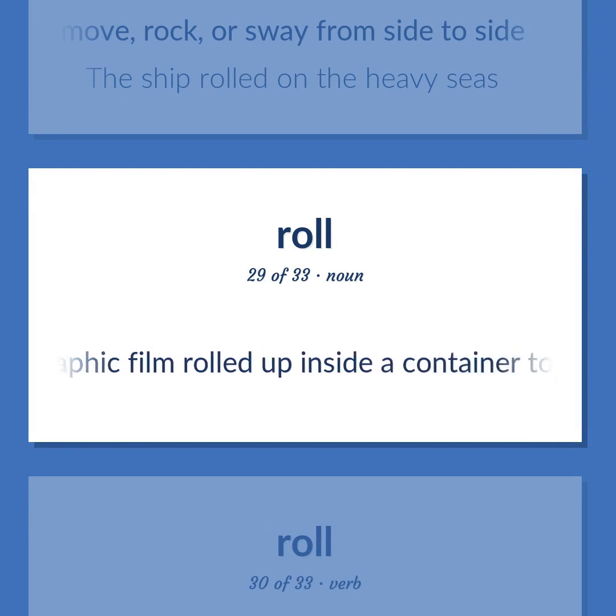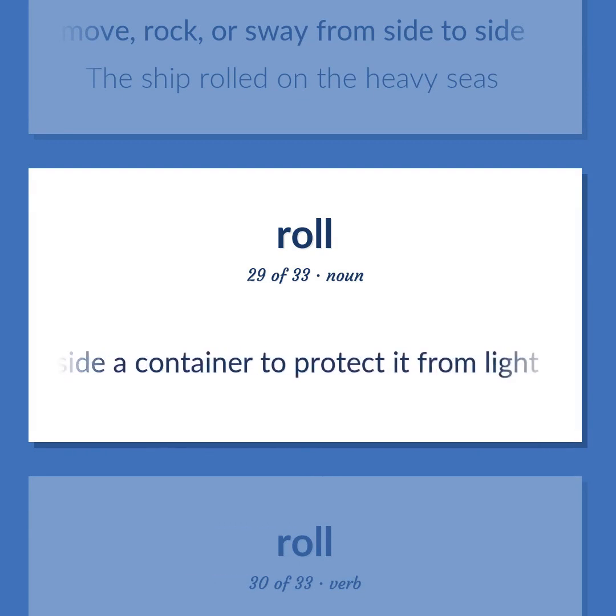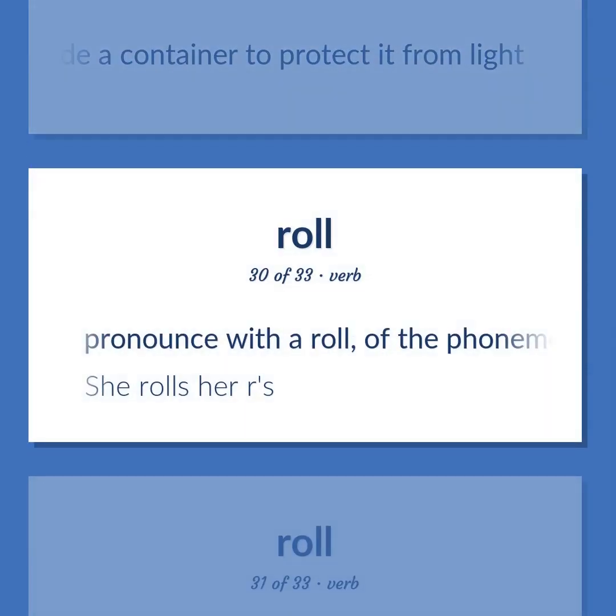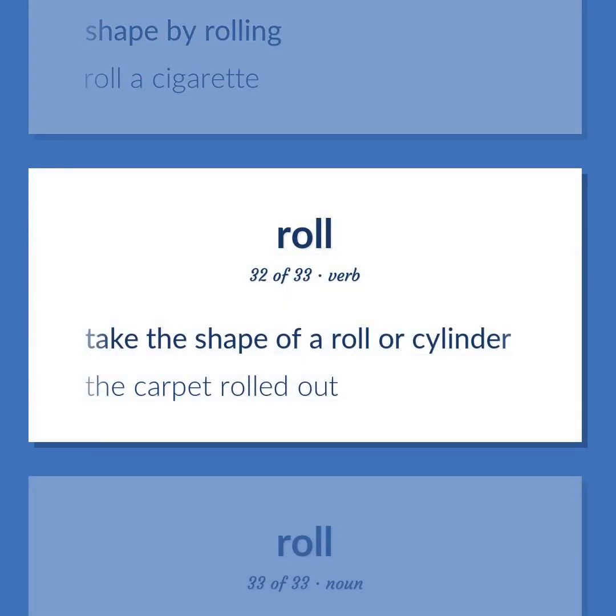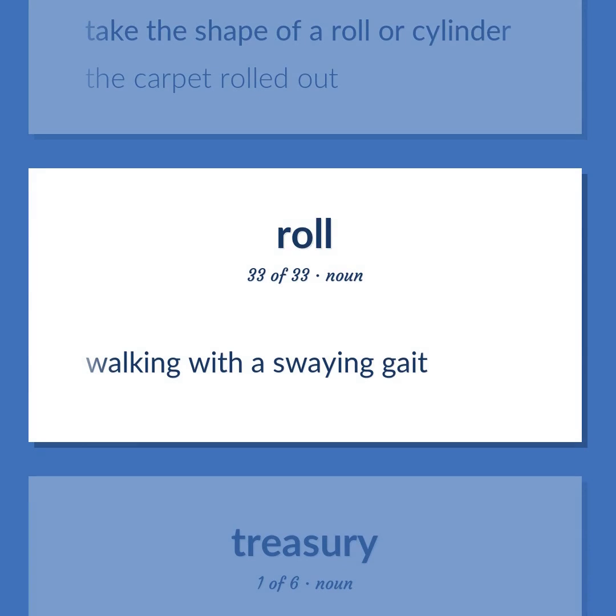Photographic film rolled up inside a container to protect it from light. Pronounce with a roll, of the phoneme R. She rolls her R's. Shape by rolling. Roll a cigarette. Take the shape of a roll or cylinder. The carpet rolled out. Walking with a swaying gait.